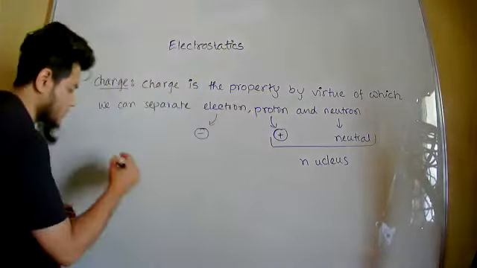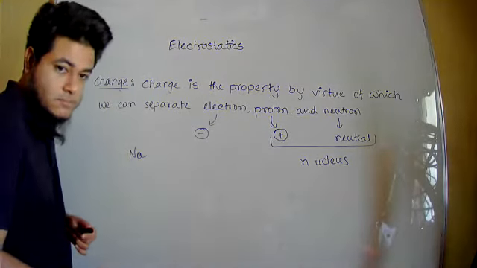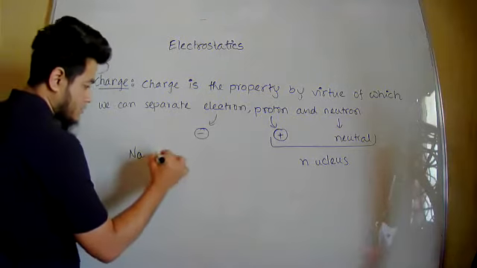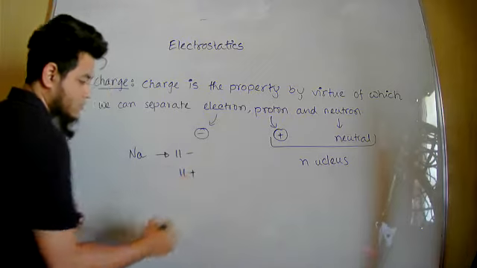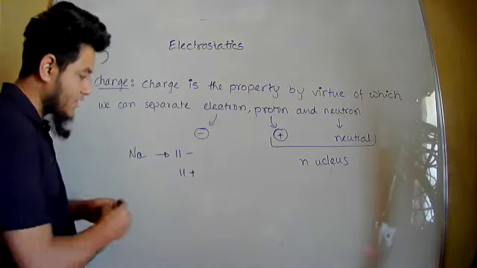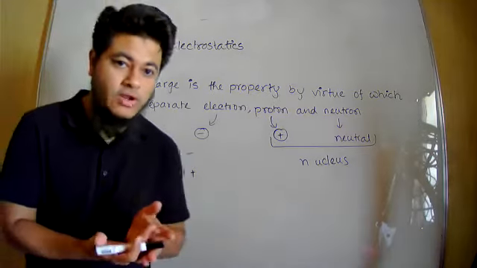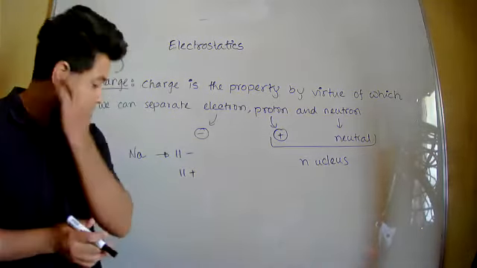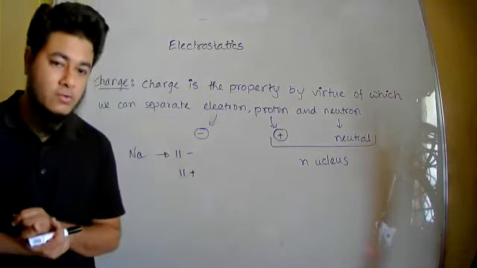Let us say for sodium, we know that 11 electrons and 11 protons are there. So 11 electrons are balanced by the 11 protons. So it is neutral.